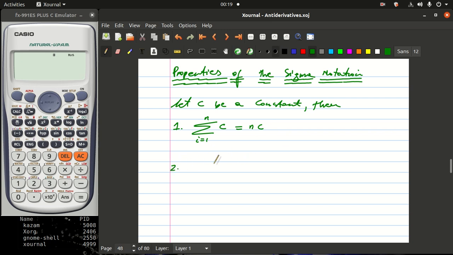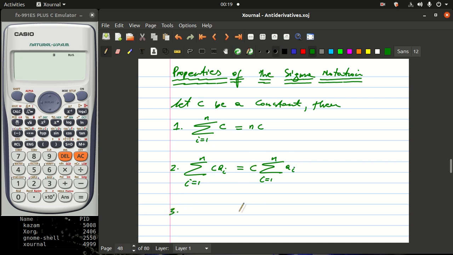The second one: if I want to find the sum from i = 1 to n of C times a_i, where C is a constant, the answer is the same as pulling the constant out and taking the sum from i = 1 to n of a_i.